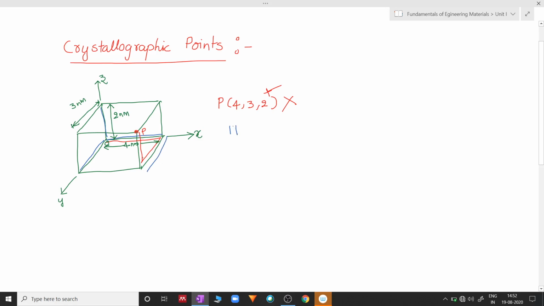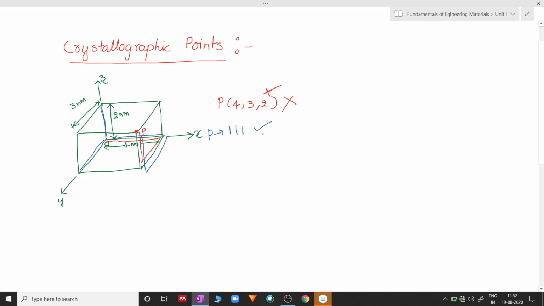Then to reach that point I need to move in the z direction 1 unit, so it is taken as 1. So the point P is represented as 1, 1, 1. This is a crystallographic point.